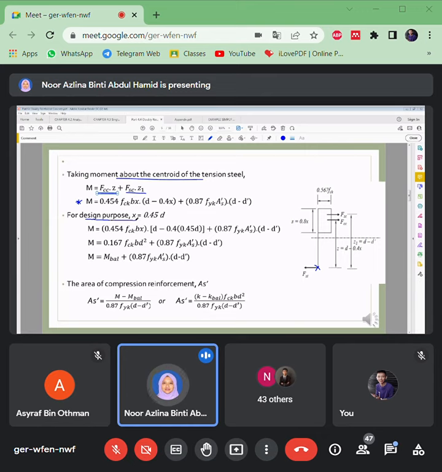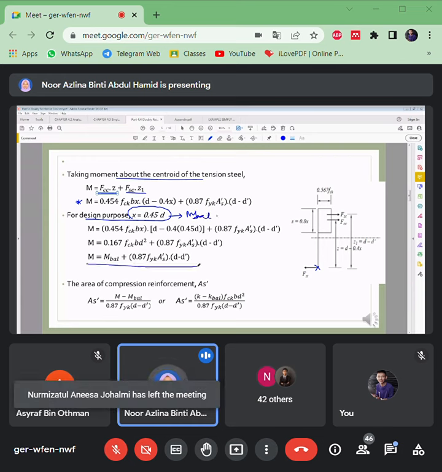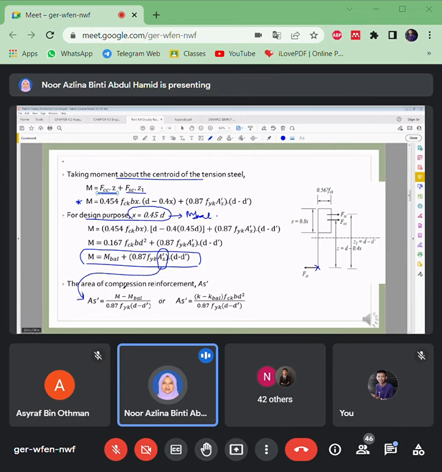And then for design purposes, again we want the sections to be under-reinforced, so this is the limit. This limit will also produce the M balance equation. So substitute the values and you will get this value. From this equation, you can make AS prime the subject in order to know the area of compression reinforcement AS prime.